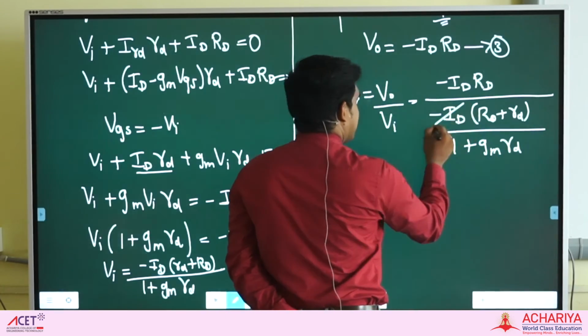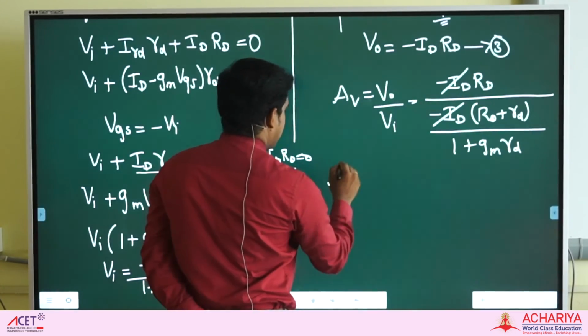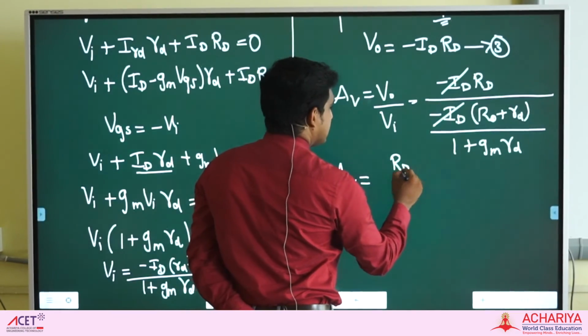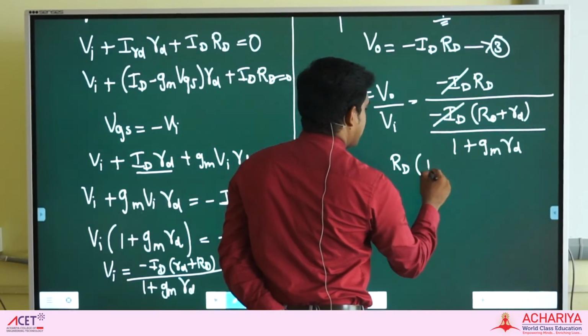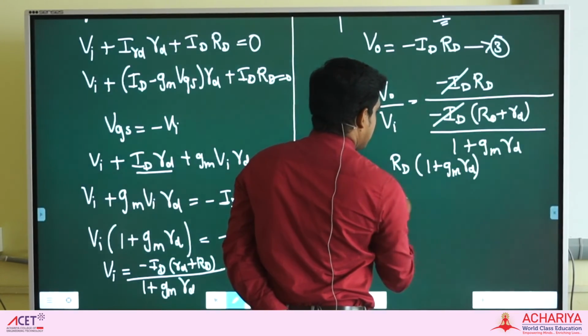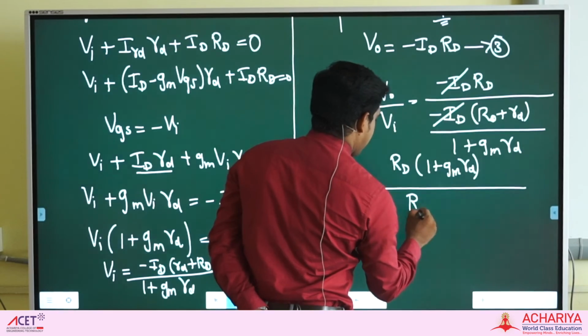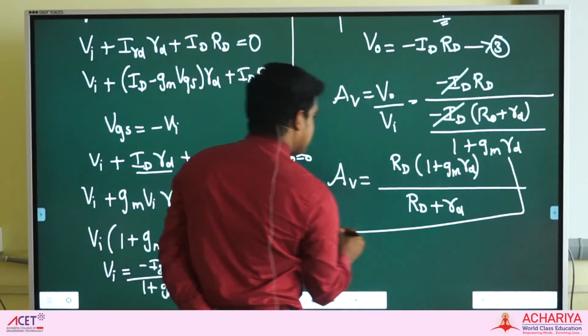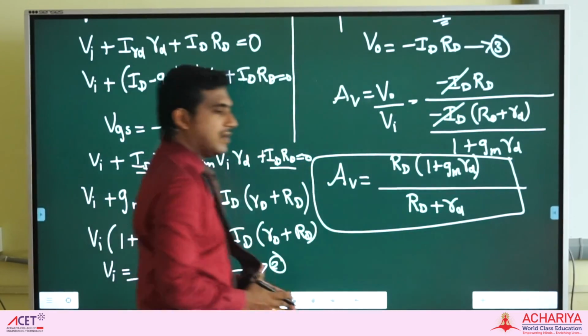We can cancel minus ID and minus ID. AV is equal to RD, and this term goes to the numerator, 1 plus GM rd, divided by RD plus small rd. This is the voltage gain of the common gate amplifier.